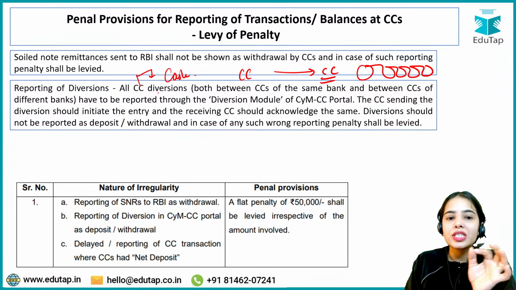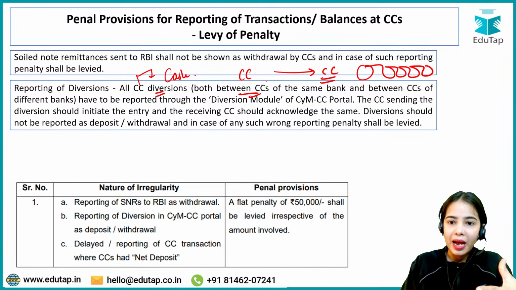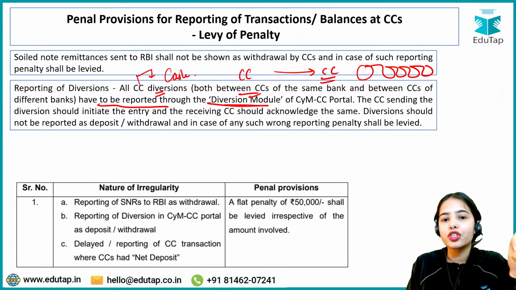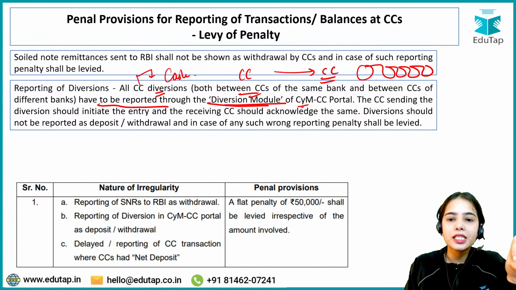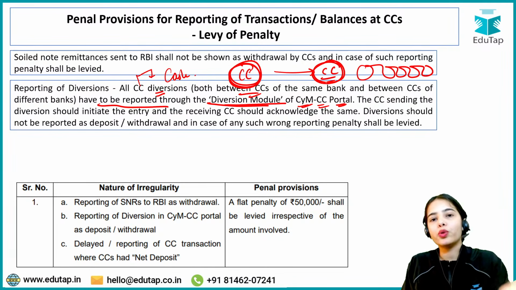All the currency chest diversions of cash transfer, both between currency chests of the same bank or between currency chests of different banks, have to be reported through the diversion module of the currency management currency chest portal, stating that from this currency chest the money has been sent to another currency chest.